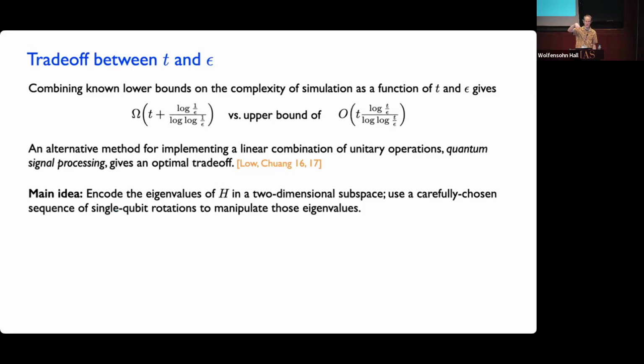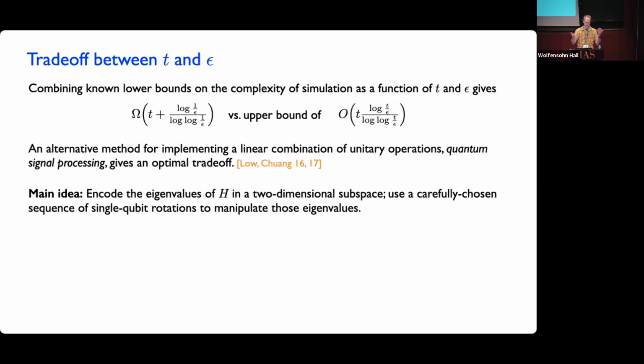And then within that two-dimensional subspace corresponding to each of the eigenvalues of the Hamiltonian, we're going to have some process that's going to allow us to manipulate the eigenvalue. We're going to do some signal processing on the eigenvalue within that subspace that allows us to turn the eigenvalue lambda that we have a handle on into e to the minus i lambda t, right? The thing that we would get if we would perform the Hamiltonian evolution according to H.